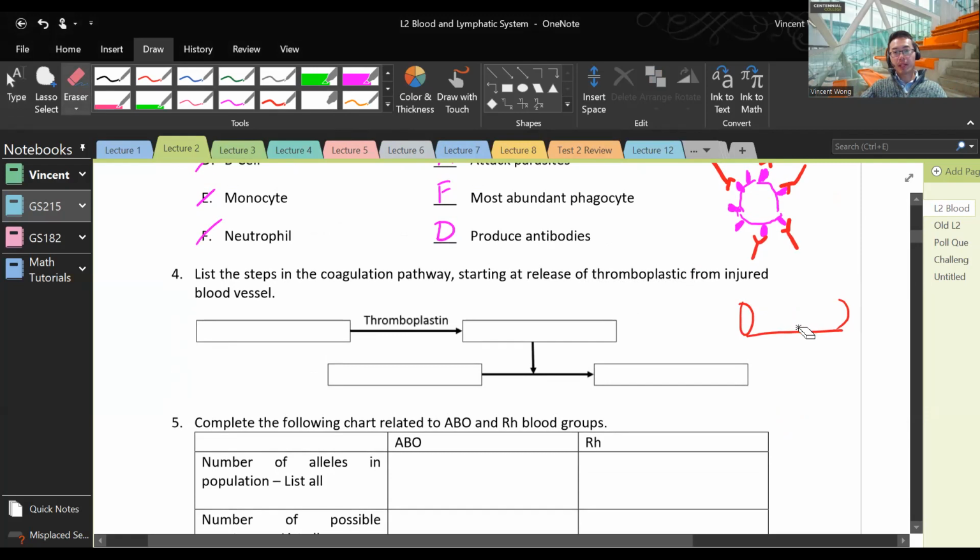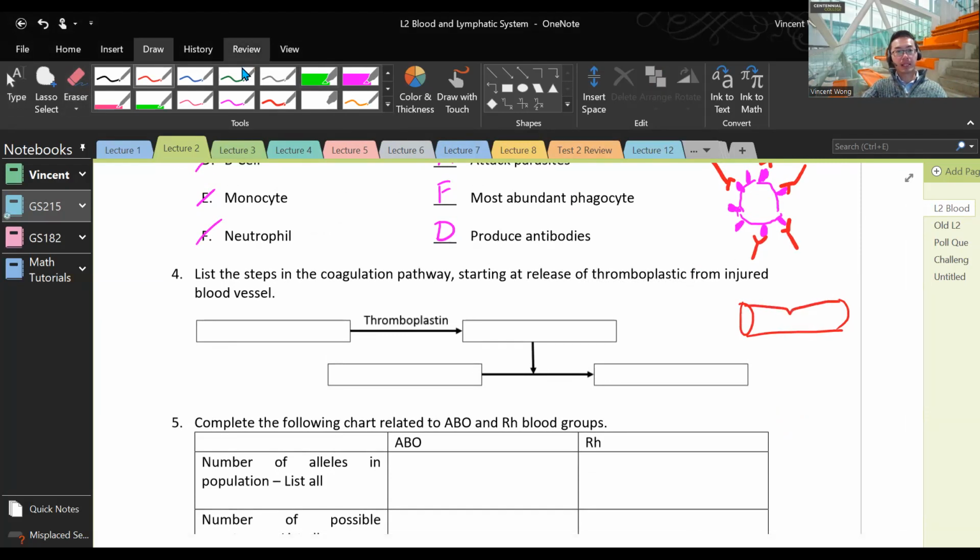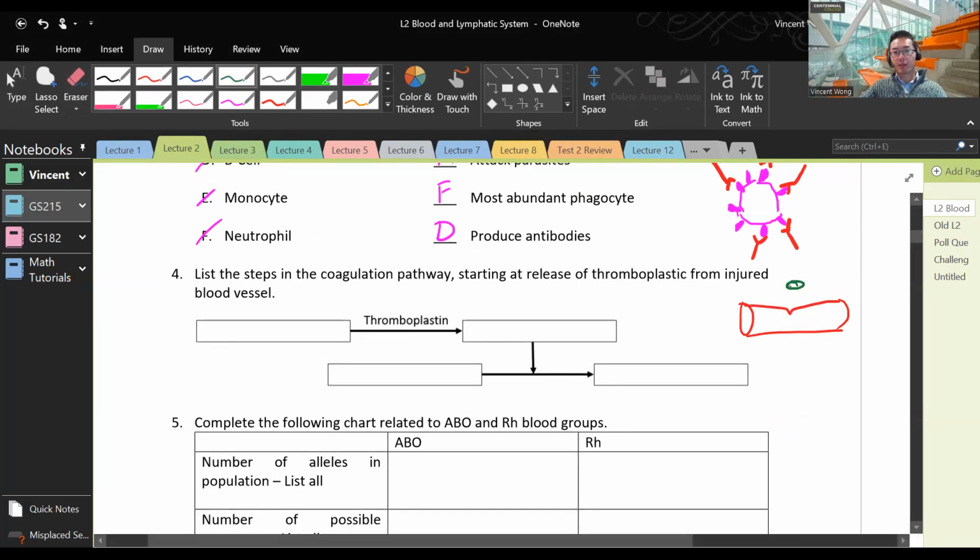But if you damage this blood vessel, by inserting my favorite type of injury, a thumbtack, you expose all the underlying tissue, all the collagens and stuff like that. And those damaged tissues will release something called thromboplastin. Normally you would not have thromboplastin. It's only there if you damage your blood vessels.